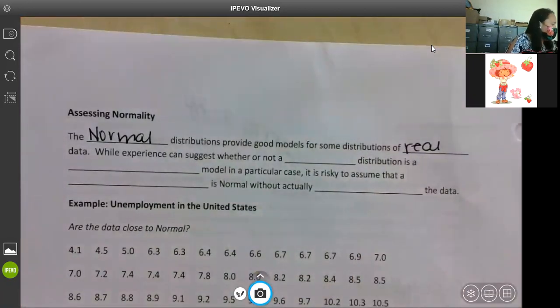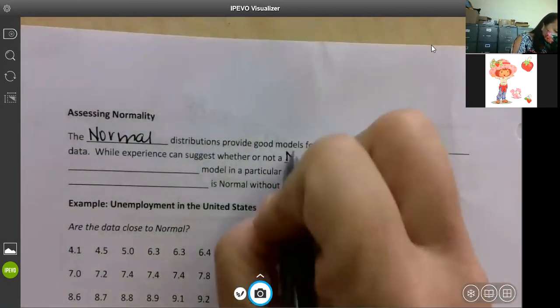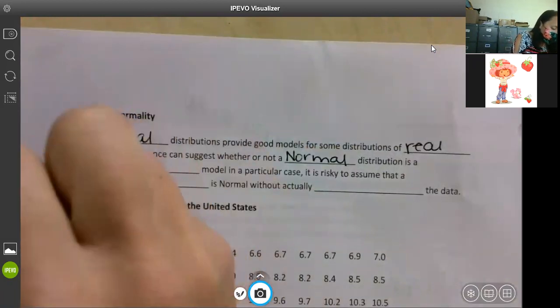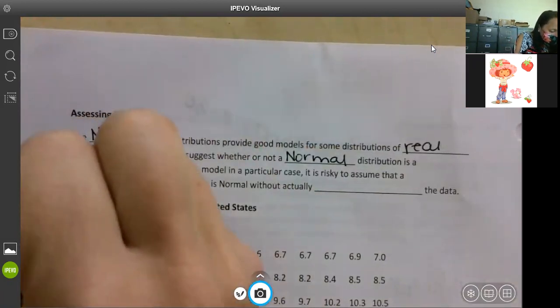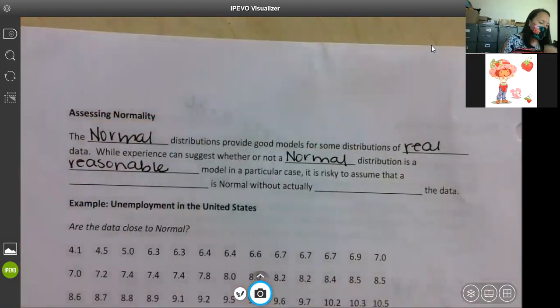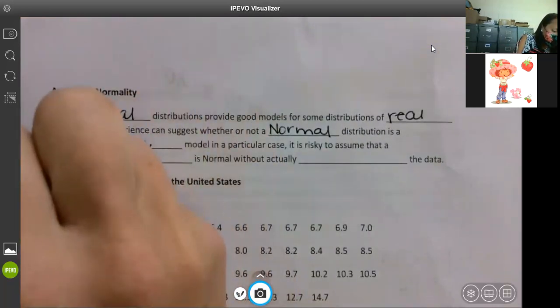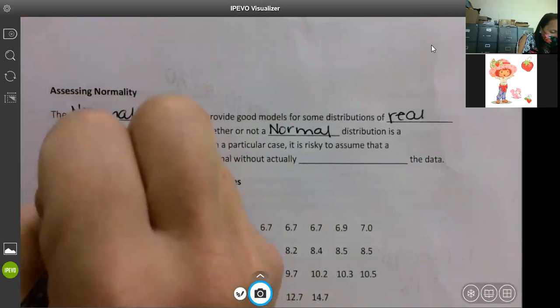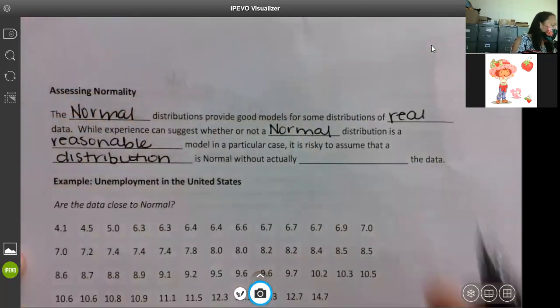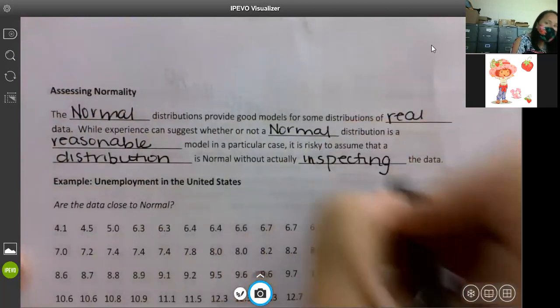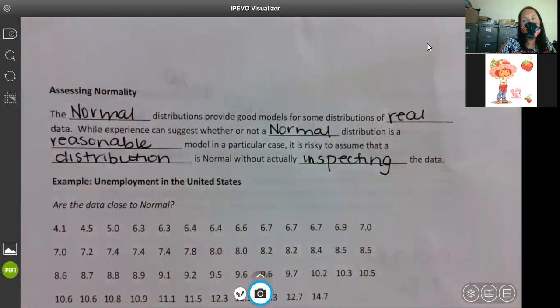While experience can suggest whether or not a normal distribution is a reasonable model in a particular case, it is risky to assume that a distribution is normal without actually inspecting the data. So the question is, are the data normal?